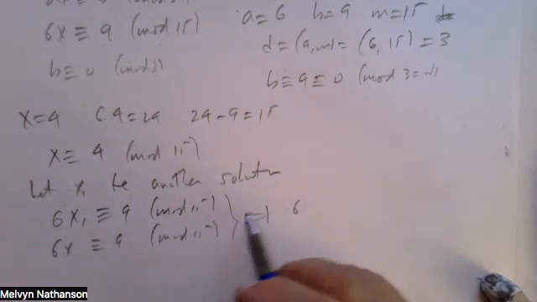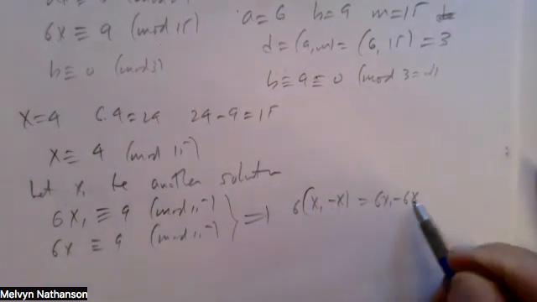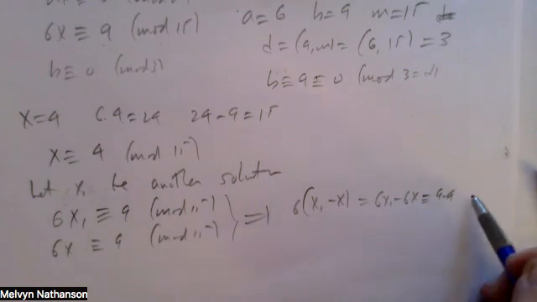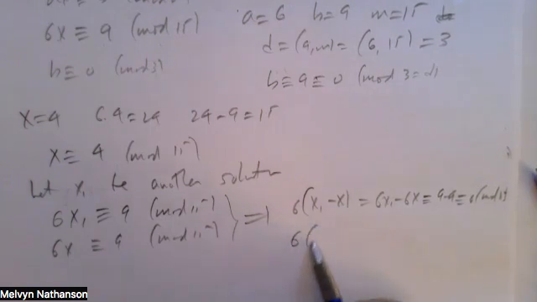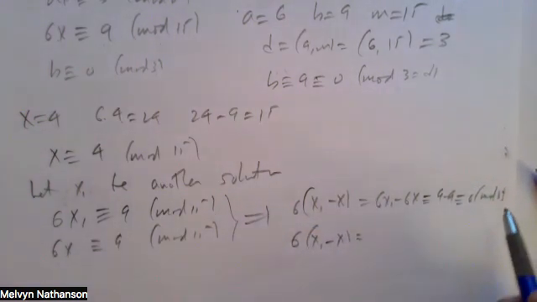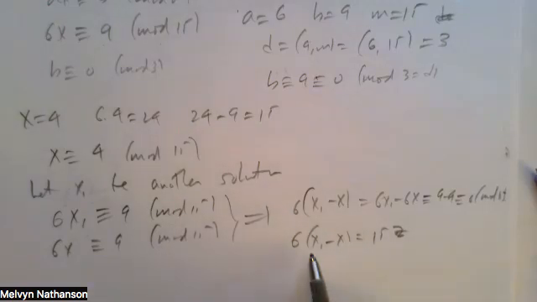So 6 times x1 minus x, the difference, that's 6x1 minus 6x, is congruent to 9 minus 9, is congruent to 0 mod 15. So 6 times x1 minus x is divisible by 15, is 15 times some number z. If I divide by 3, I get 2 times x1 minus x is equal to 5z.